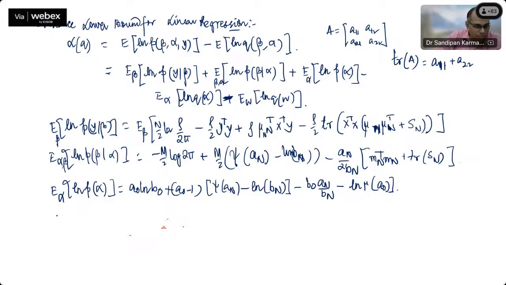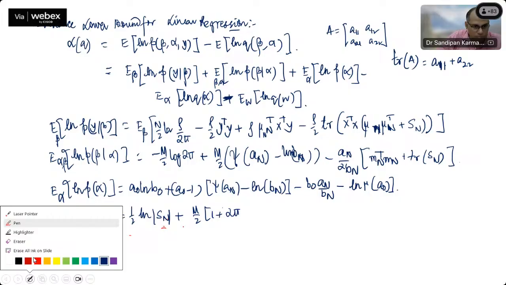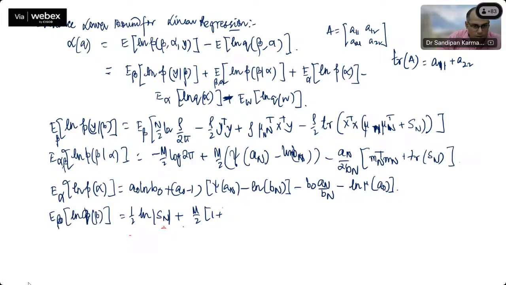Now next is E with respect to beta of ln q beta, which equals half ln of Sn plus m by 2 times 1 plus ln 2 pi.